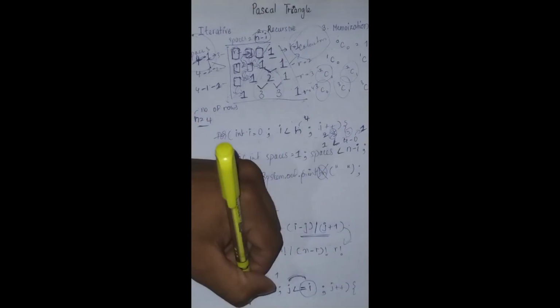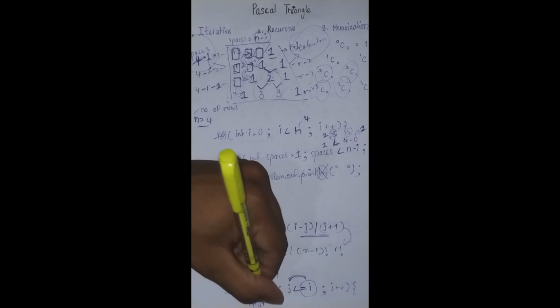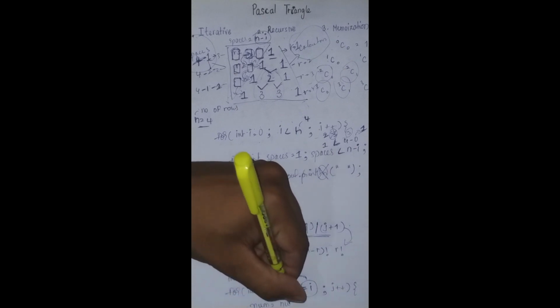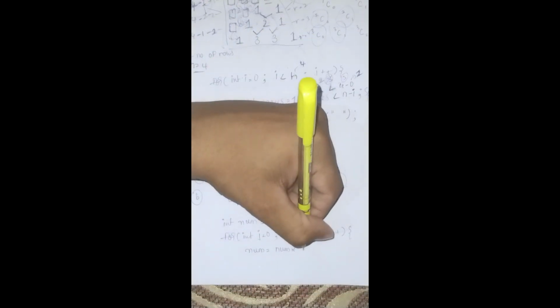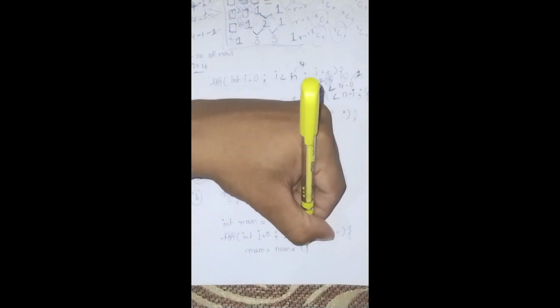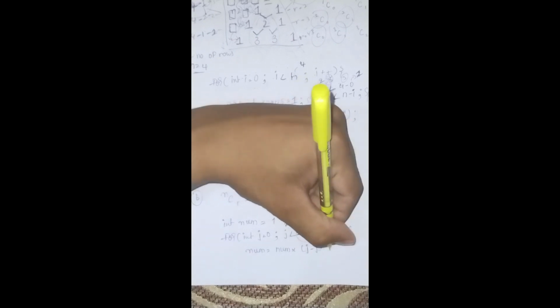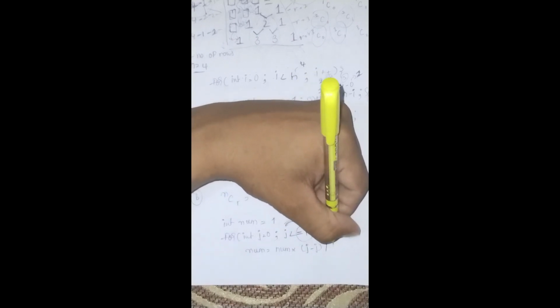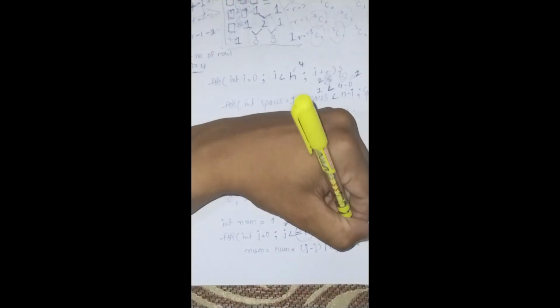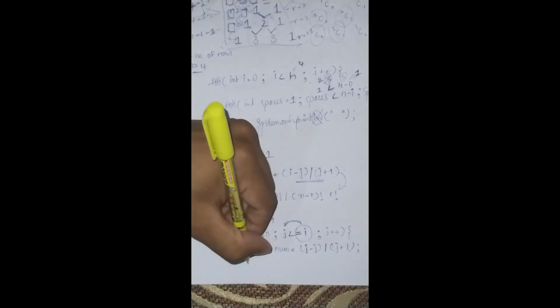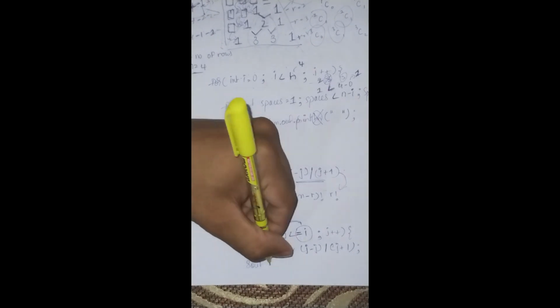And then number equals to, as I said, the formula, number into (i minus j) divided by (j plus 1), okay? And then we will print this number.